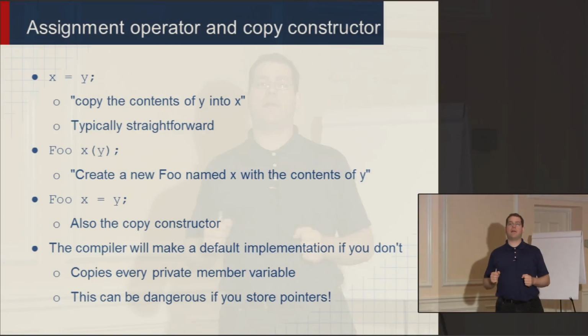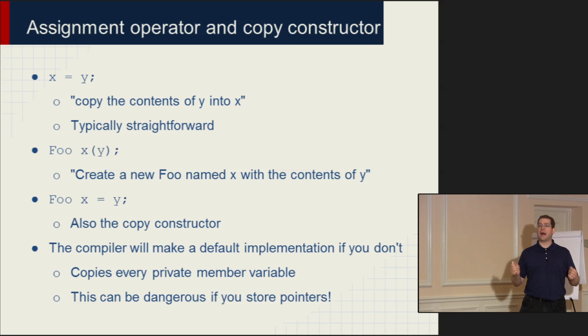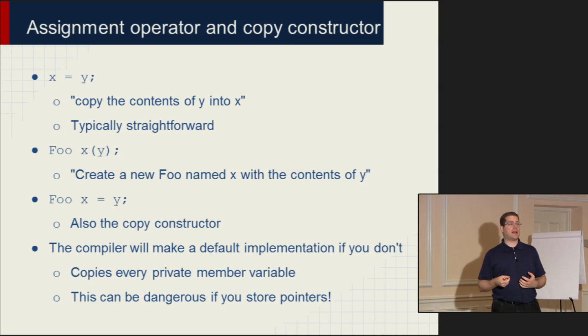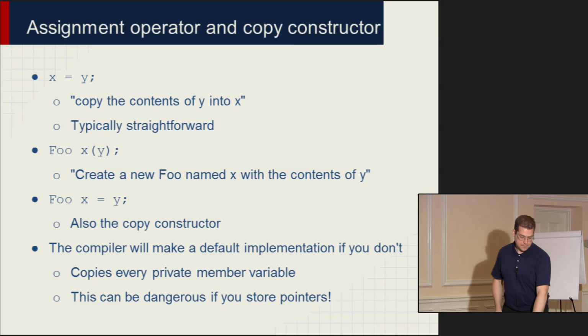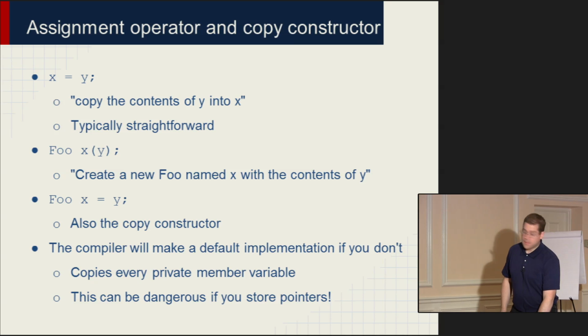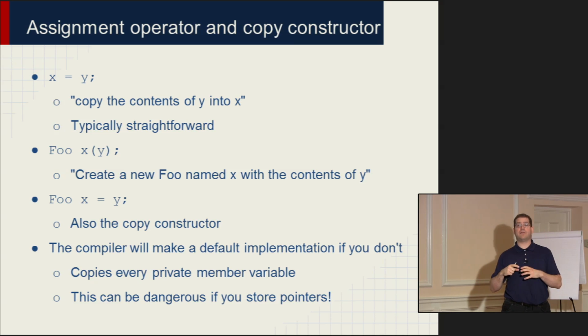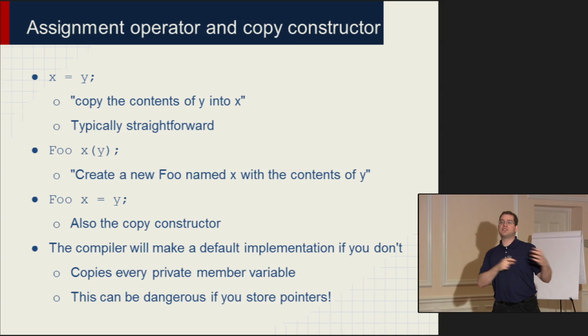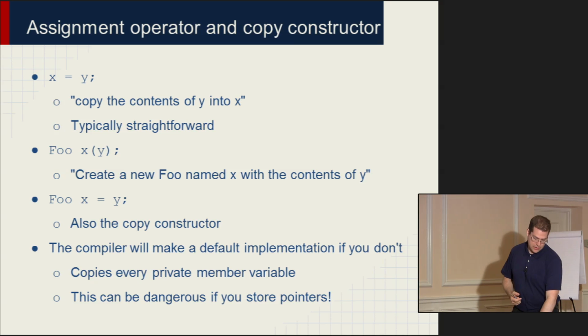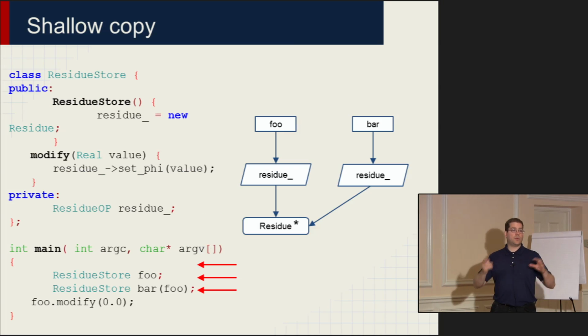It just copies each and every private member variable as is, with not a lot of sophistication. The problem is that if you have more complex data, for example pointers to objects, it's just going to copy the pointers. It's not necessarily going to do more complex copying of what's being pointed to.